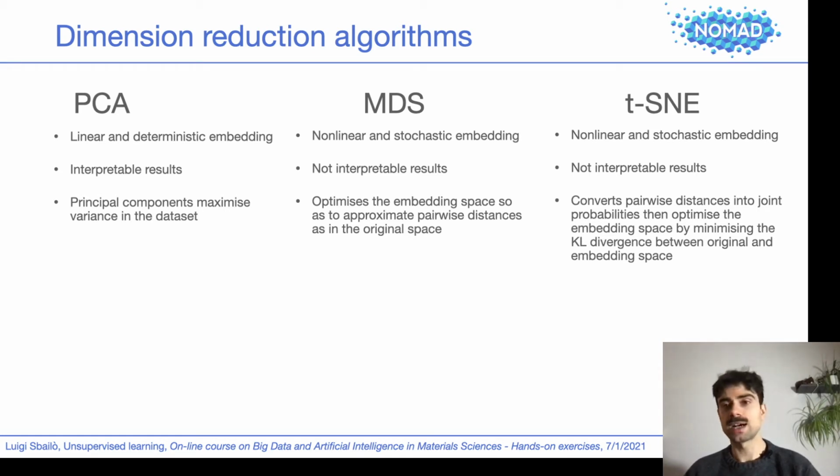Then we have seen one other algorithm, that is t-SNE, nonlinear and stochastic. In this hands-on session, we're also going to use MDS, multidimensional scaling, which is somewhat similar to t-SNE.